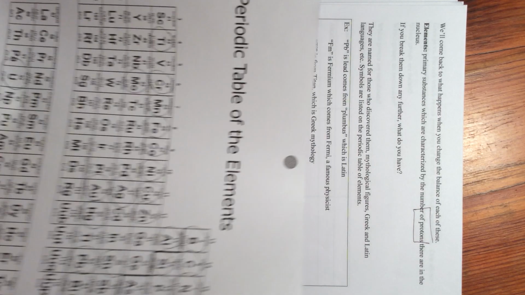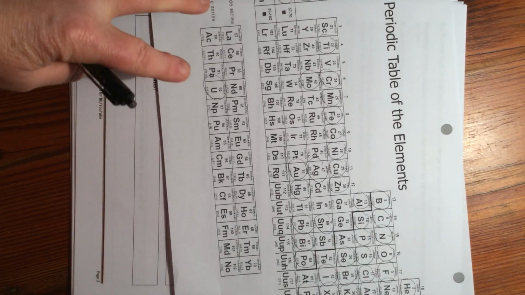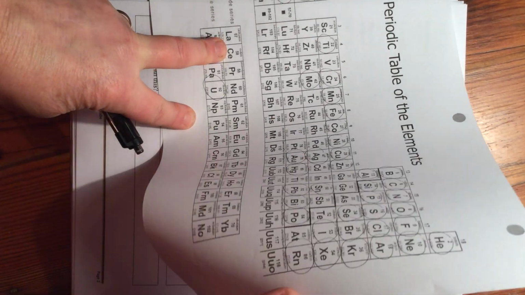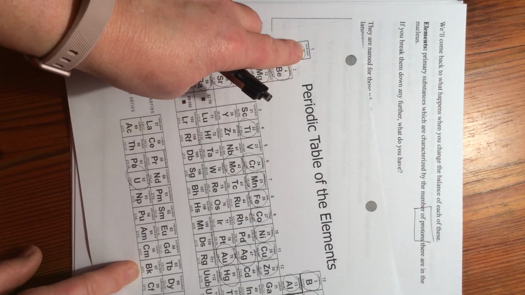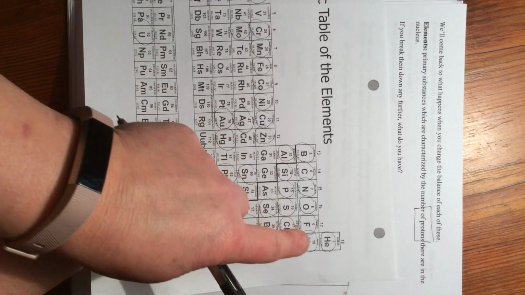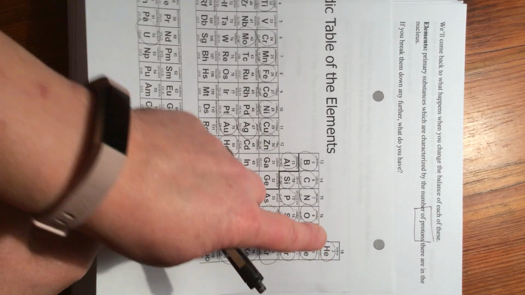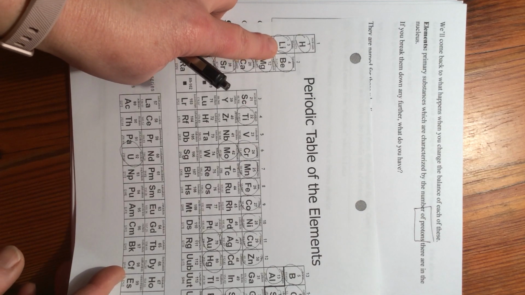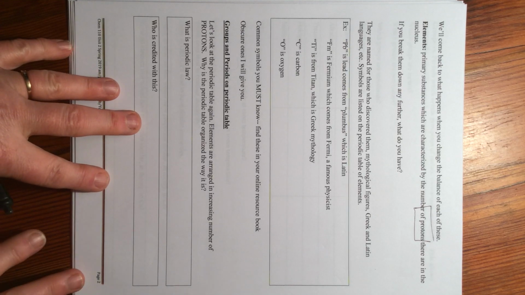Don't go anywhere without your calculator. Don't go anywhere without your periodic table. So if I have one proton, by definition, I am hydrogen. If I gain a proton, I'm no longer hydrogen, I am helium. If I gain another one, I became lithium, and so forth. So the element is defined by the number of protons.